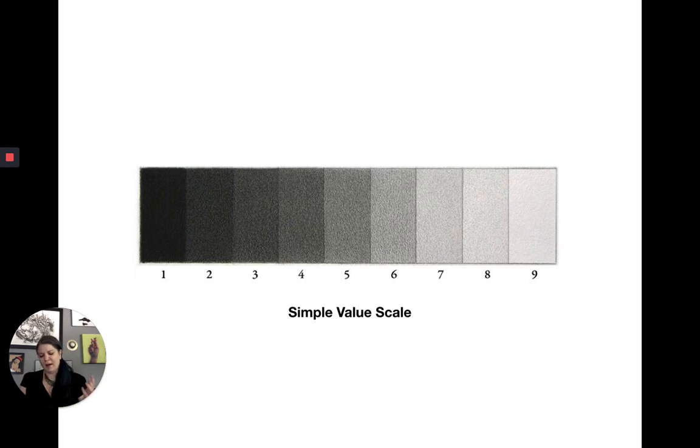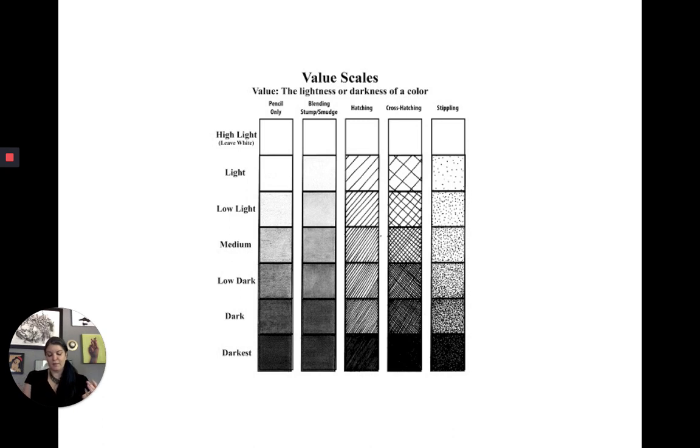A value scale visually displays a range of values, like the one that you see here that goes from very dark to very light. Value scales can also incorporate different kinds of mark making. This is a more complicated value scale in that we're looking at how different media, our pencil or our pen, and different kinds of mark making, behave.